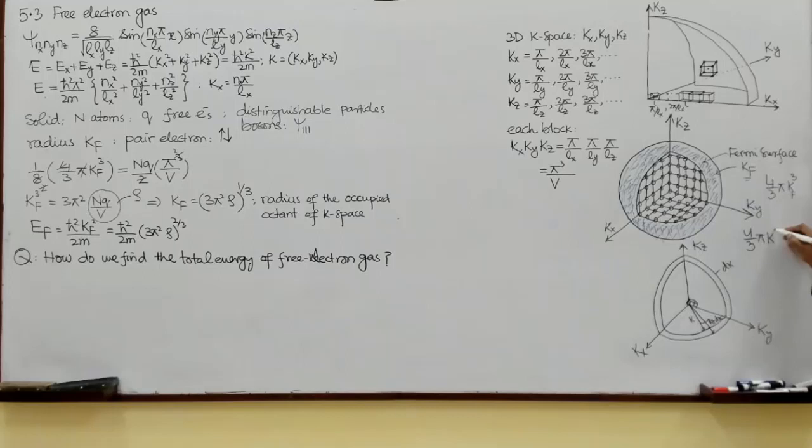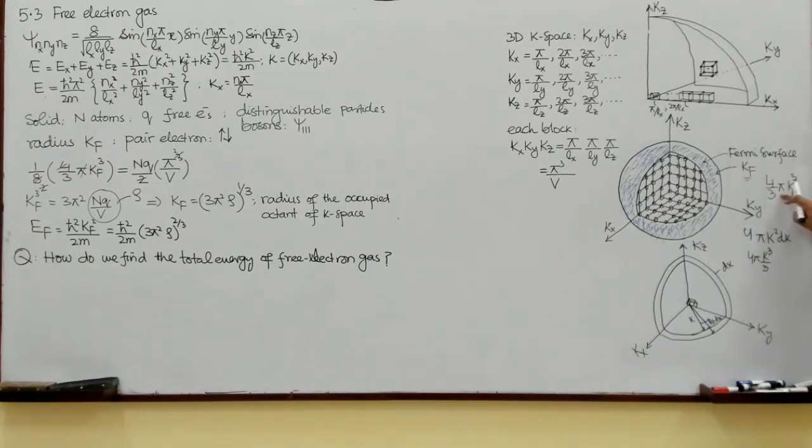This is k squared dk, and when I integrate it comes out to be 4 pi k squared dk, which becomes k cubed over 3.